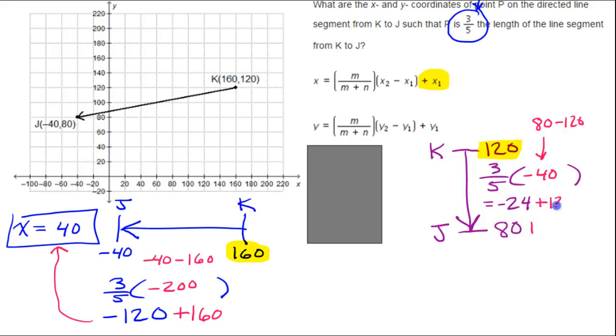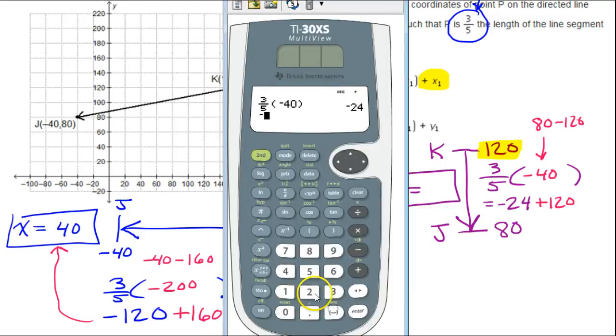So I'm going to go plus 120. Let me erase this little mark. And that is going to give me the final answer. And remember, over here we're finding the y value. So negative 24 plus 120, that's going to give me the y value. That's 96.